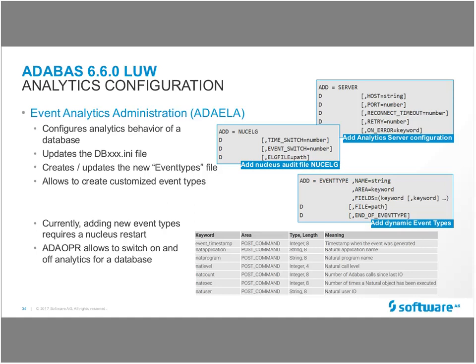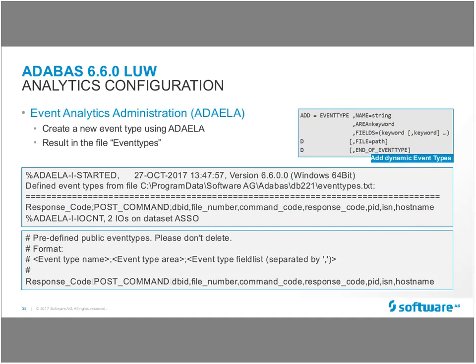The utility is called ADA ELA. This is how you define the event types, according to the attributes. You can define the name and then keywords and field keywords and the path of the file where we write this information, the event type file.